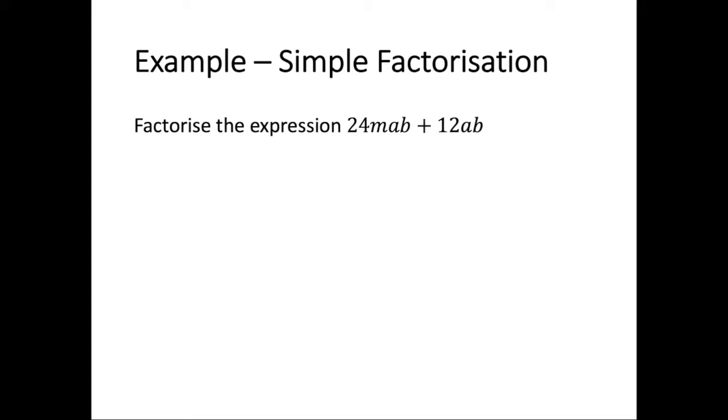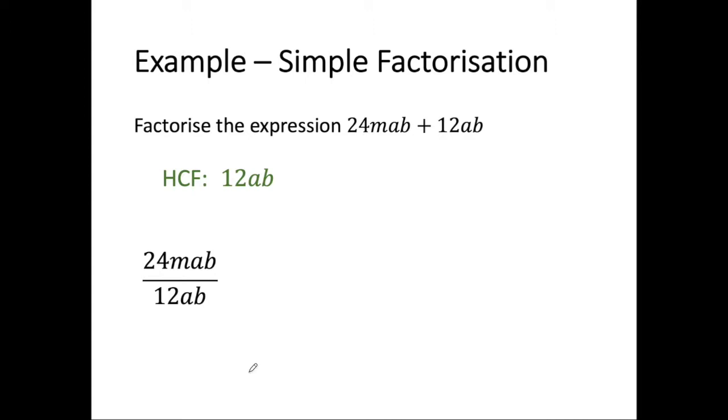24mab plus 12ab. Having a look for the highest common factor, the highest common factor between those two terms is going to be 12ab. So now I need to divide both of my original terms by that highest common factor of 12ab. So 24mab divided by 12ab.